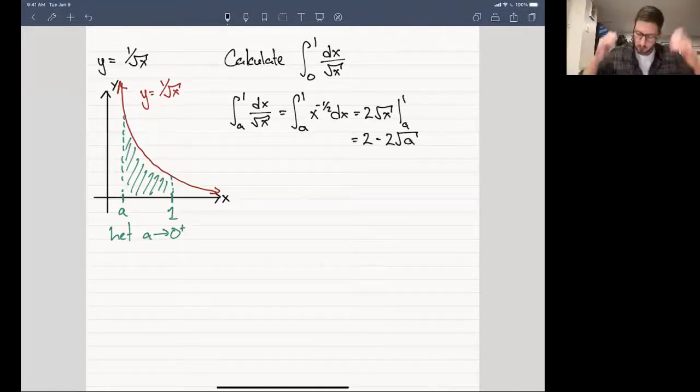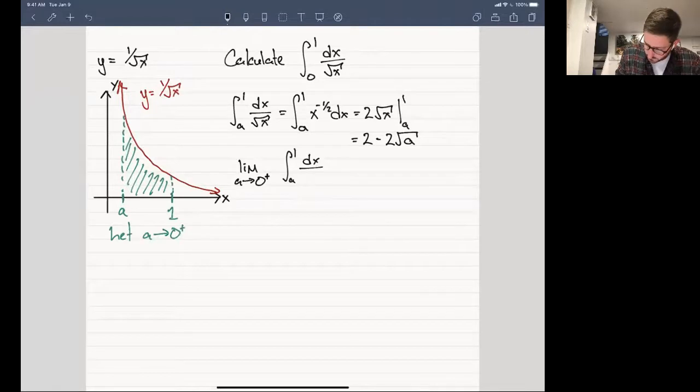And you can do the same process as what we did for these infinite limits. You can ask yourself, what is the limit here? So the limit as a goes to 0 from the right of this integral. So this area is slowly moving to the left and it's approaching.